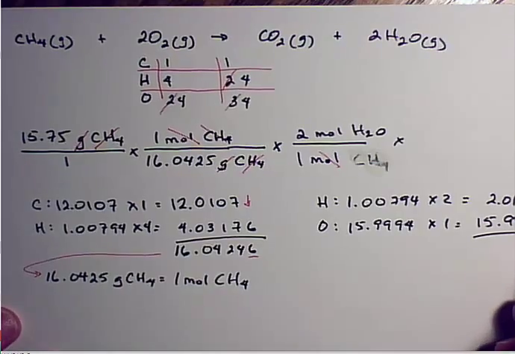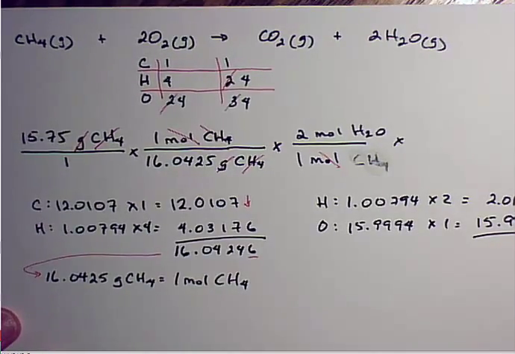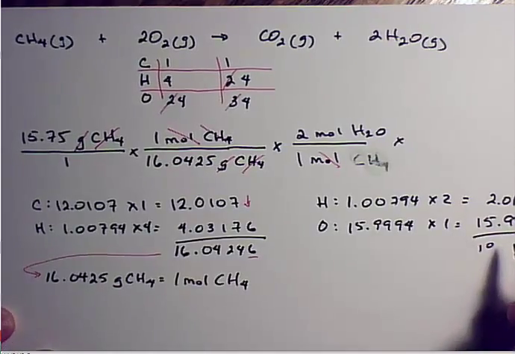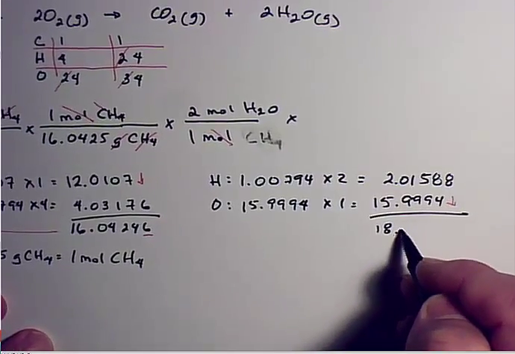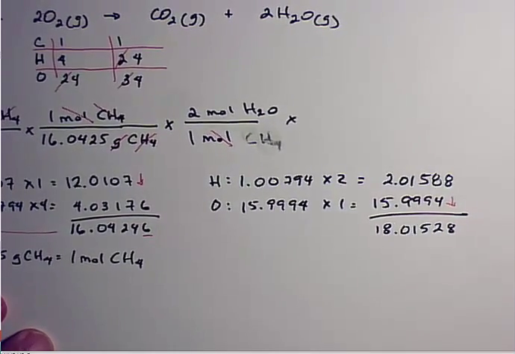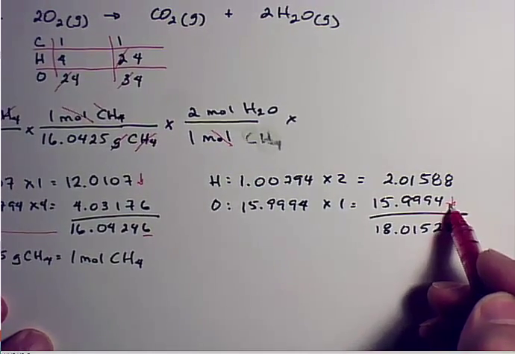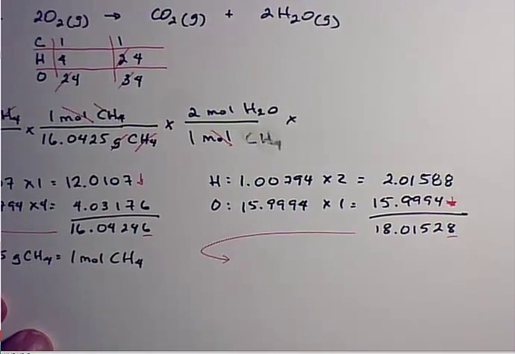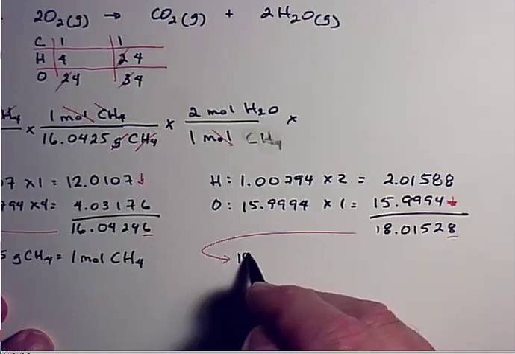We have an empty slot here under this 8. When we add them together, we get the number that AJ was talking about, 18. And we've got to round off that last digit because of that empty slot that's right here. Okay? And so we are going to get 18.0153.